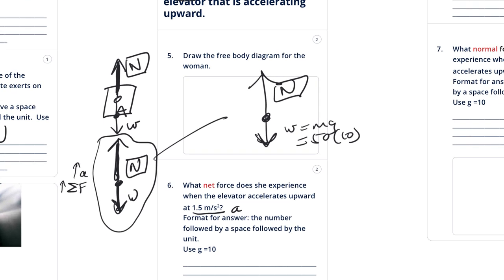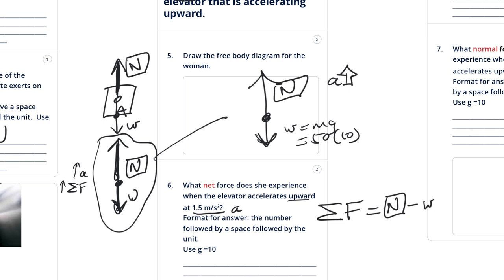And so the unbalanced force, or the net force, is the bigger one minus the smaller one. So the bigger one has to be N because it's accelerating upward. The acceleration is upward. So N, the arrow pointing up, has to be bigger than the arrow pointing down.